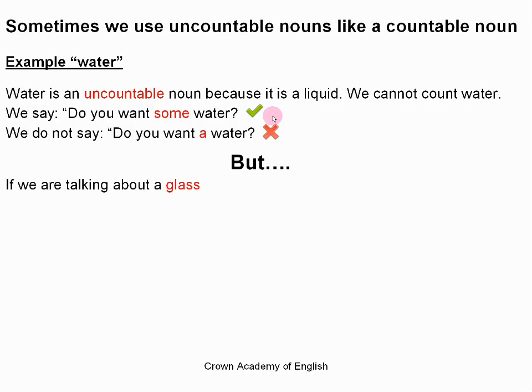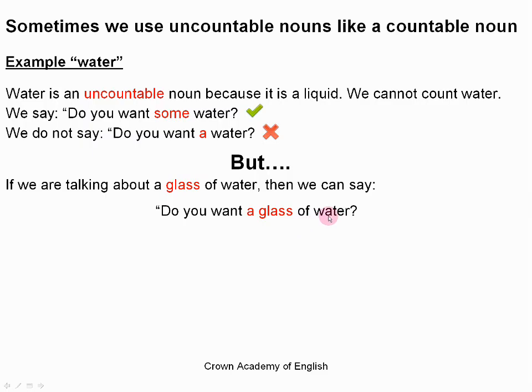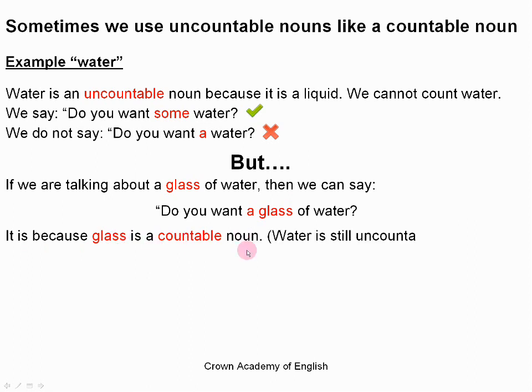For example, if we are talking about a glass of water, then we can say, do you want a glass of water? That is all right. That is okay. And it is because glass is a countable noun. However, water still is uncountable.